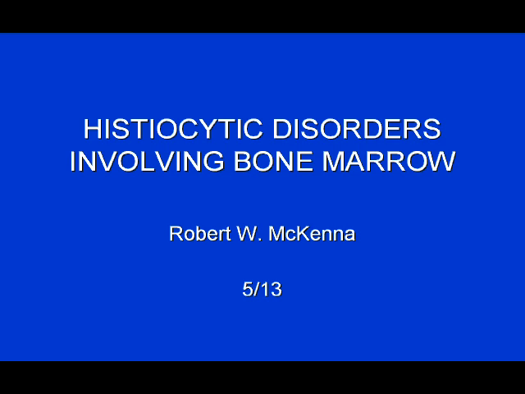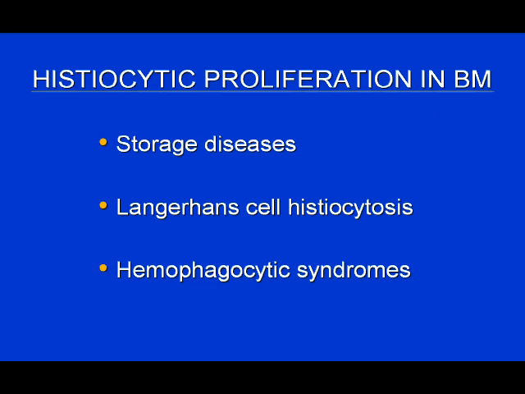And I'm not going to do an extensive review of all histiocytic lesions or histiocytic lesions that may, in very, very rare instances, involve the bone marrow, but I'm going to focus rather on three categories of histiocyte lesion listed on this slide that do involve the bone marrow when, although they're rather rare diseases, when they are present, they involve the bone marrow in a rather high frequency.